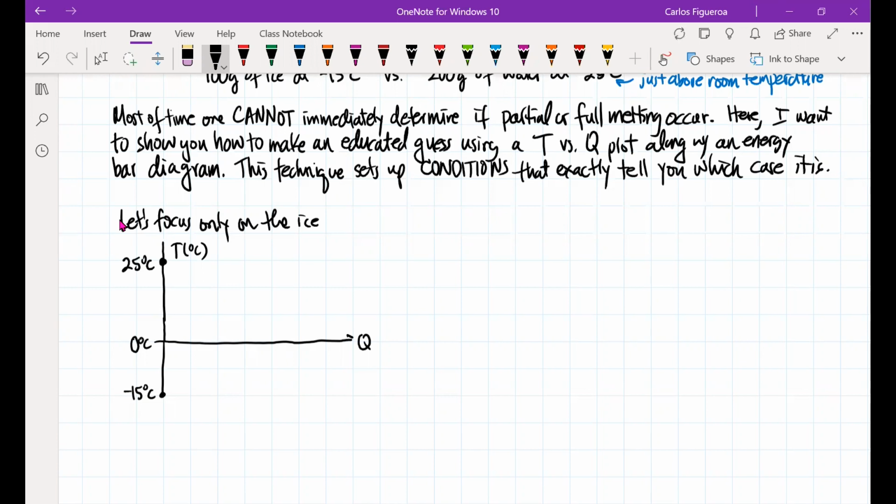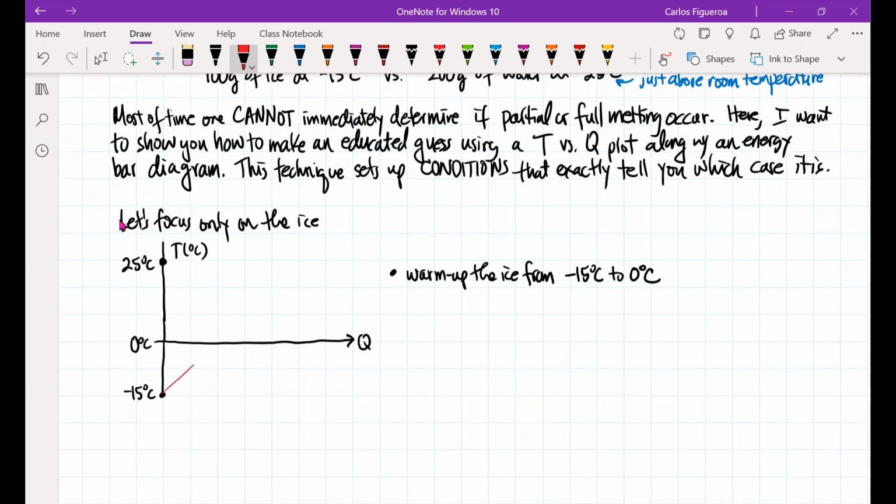So now let's see what actually happens. The first thing that happens is we have to warm up the ice from minus 15 degrees C to 0 degrees C. And of course, that requires energy. So this guy is going to look something like this.